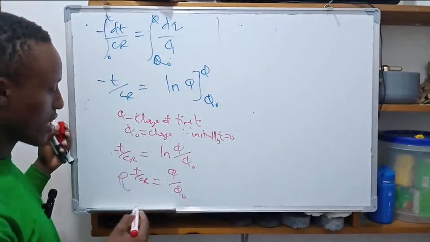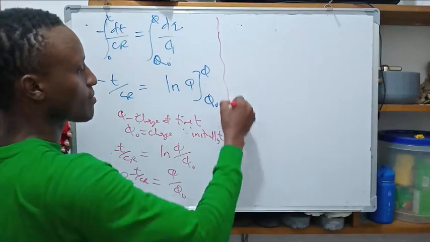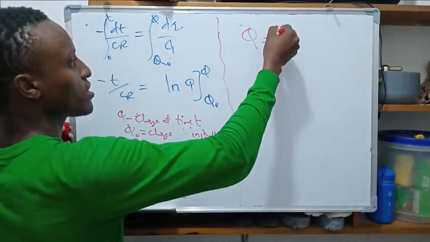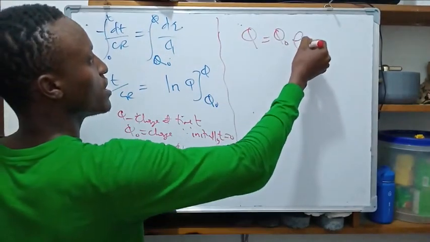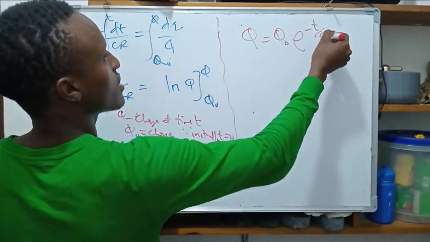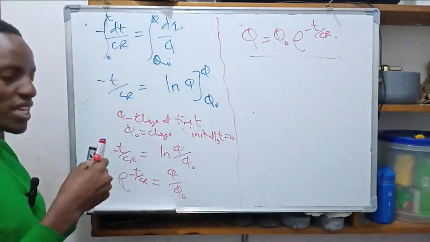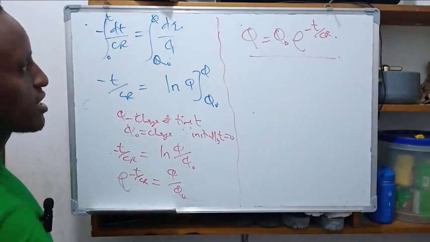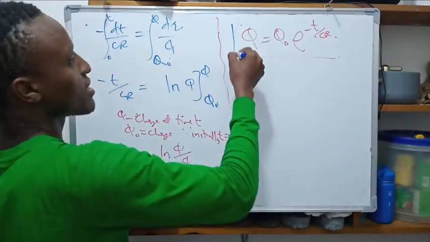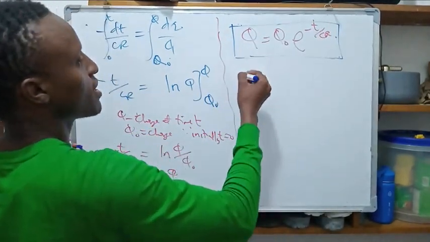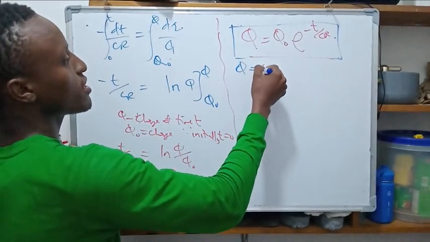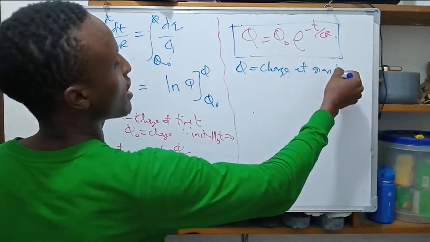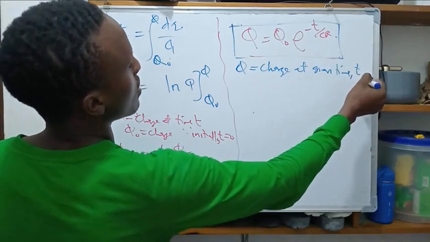So the charge Q is equal to Q naught times e to the negative t over CR. This is the charge at a given time t.